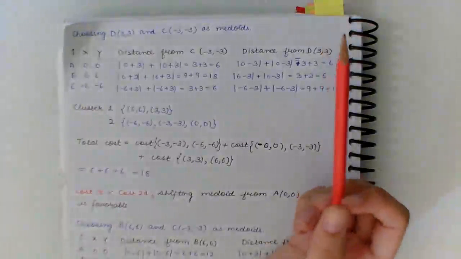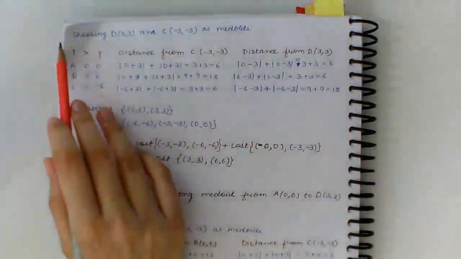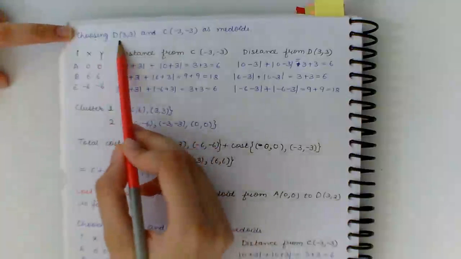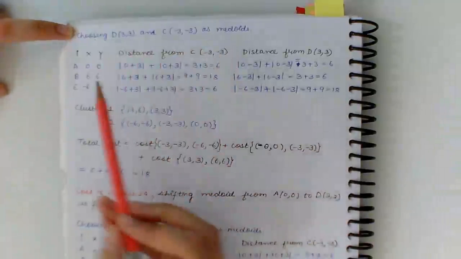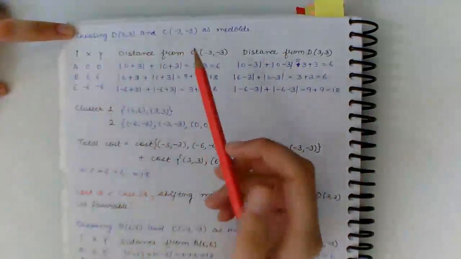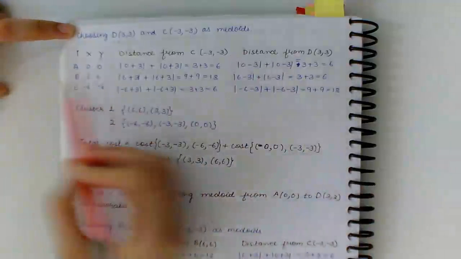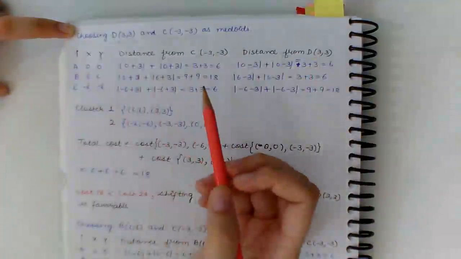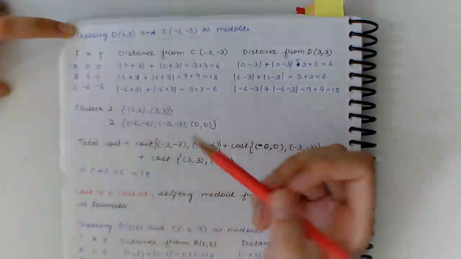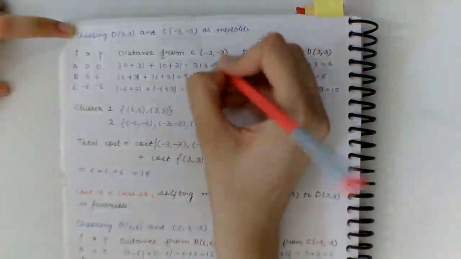I am sure you have gotten the hang of how we are doing this. Now moving on to the next set of medoids. Now we choose D (3, 3) and C (-3, 3) as our medoids. I have made a smaller table for A, B and E and distance from C and D. We again apply the Manhattan distance formula and calculate the smallest cost.